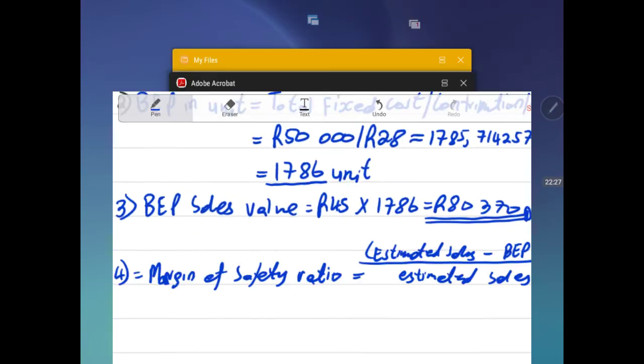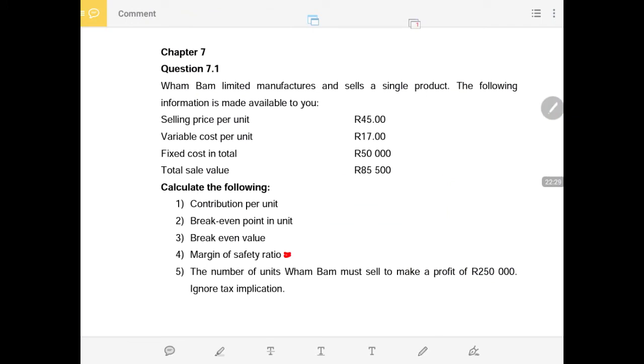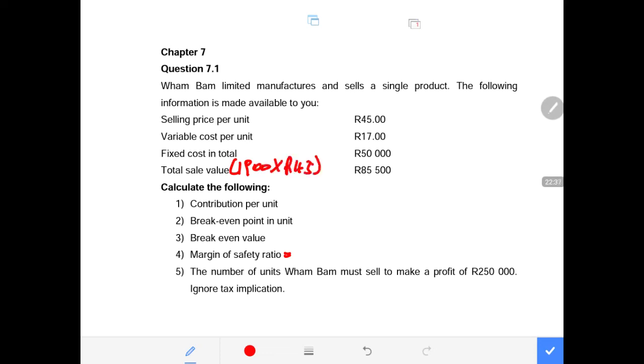Remember, I told you that the sales that are estimated are 1,900. 1,900 is our estimated sales, at 45 Rand, where we divided our estimated sales value of 85,500 by 45 Rand in order to get the estimated sales units.